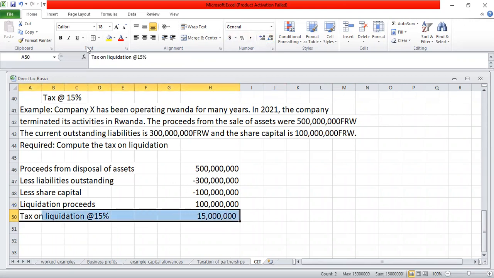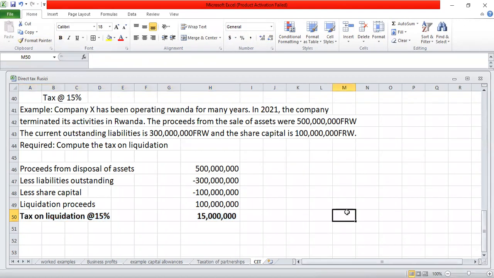So that is how we are going to compute the tax on liquidation. So that is the liquidation.